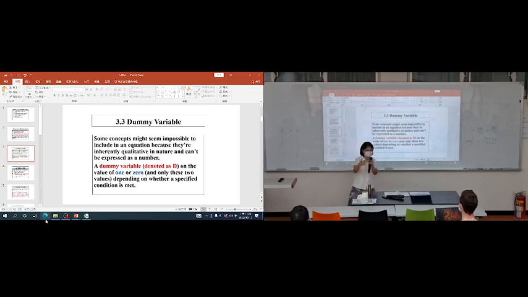With or without means 2 categories. So I'm starting with the easiest one. With a graduate degree is 1, without is 0. So I have only 2 categories.